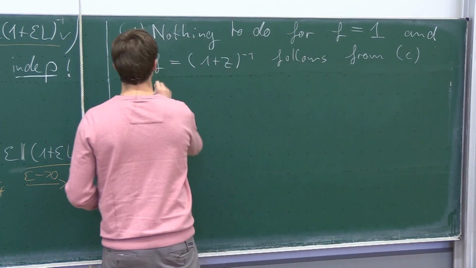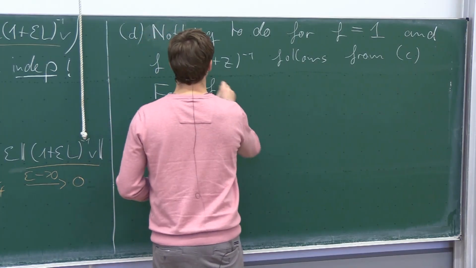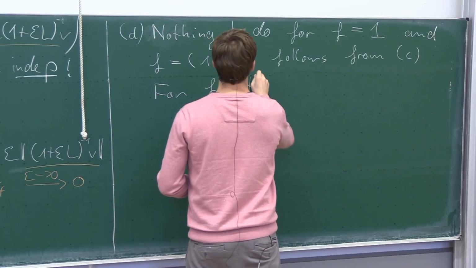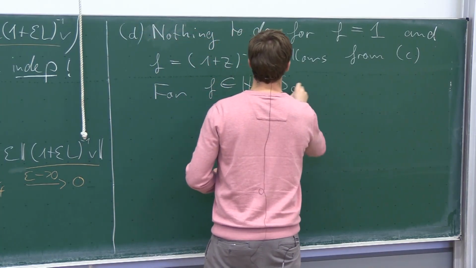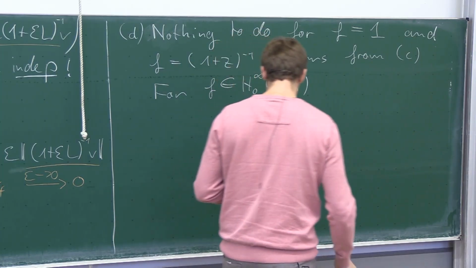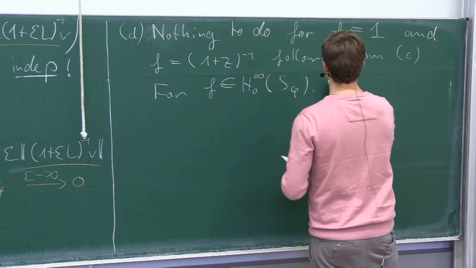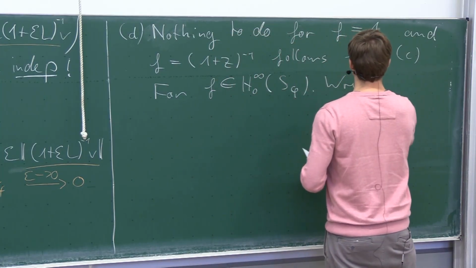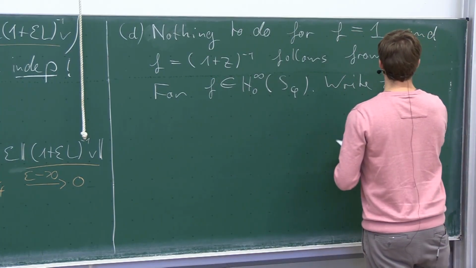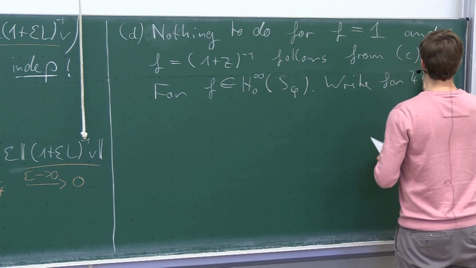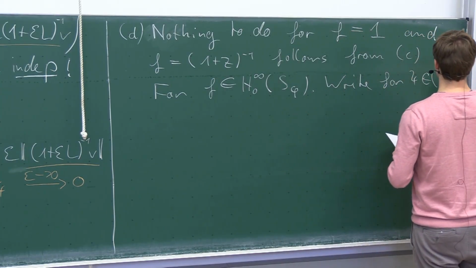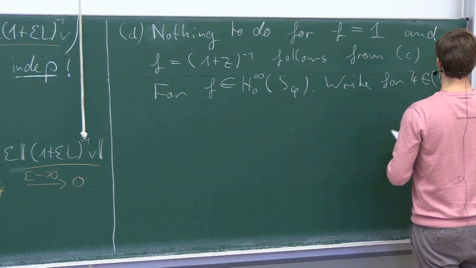So let's say f is a function in H0 infinity on the sector of angle phi. Then we write, and we do this by fixing an integration angle psi between pi over 2 and phi.